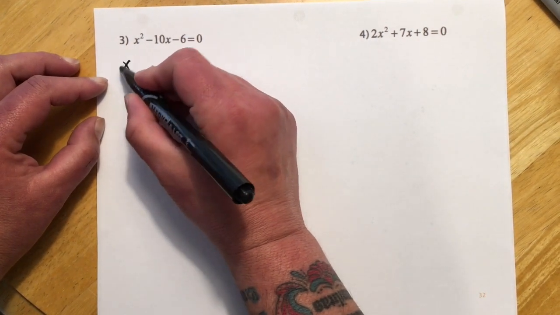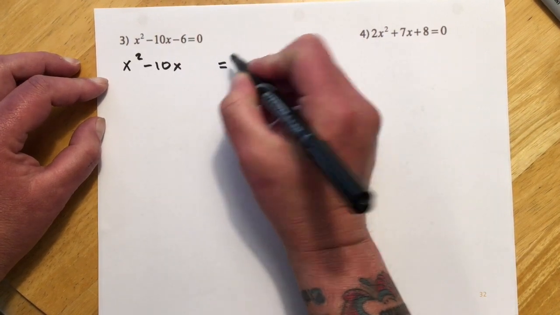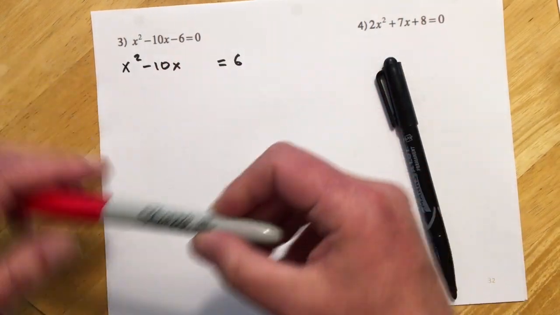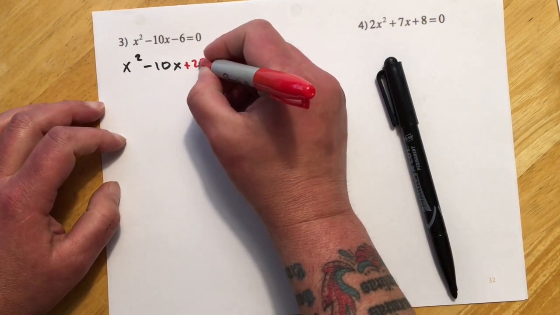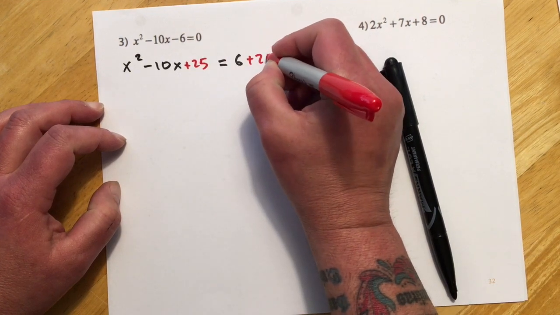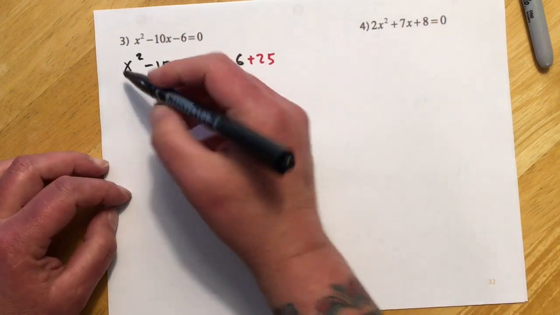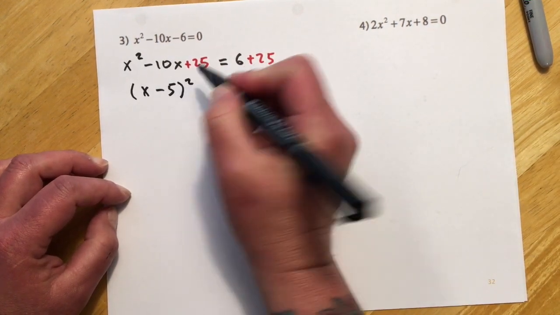So for this, we're going back to 9.1, and we're going to bring the 6 over, so adding the 6. And then here, half of 10 would be 5, and squared would make 25. So we'll do plus 25 on both sides. And then this is going to factor to x minus 5, quantity squared.